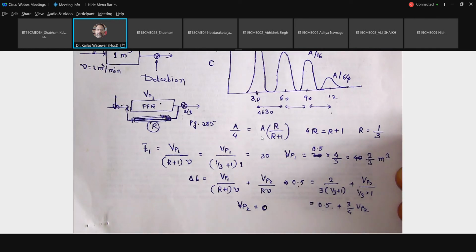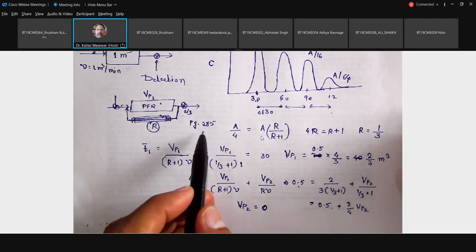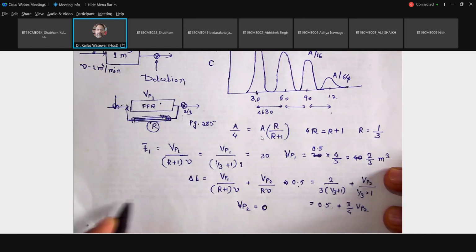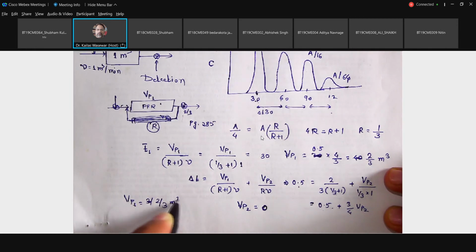Is it? That means what? VP1 we got is 2 by 3 meter cube. But what about the rest of the volume? Total volume is 1 meter cube. That means the rest is the dead volume.